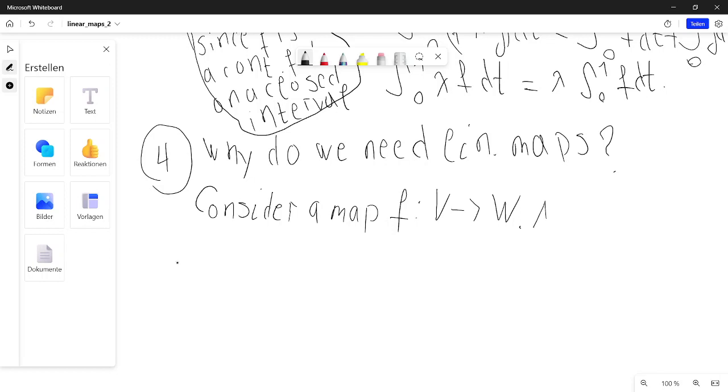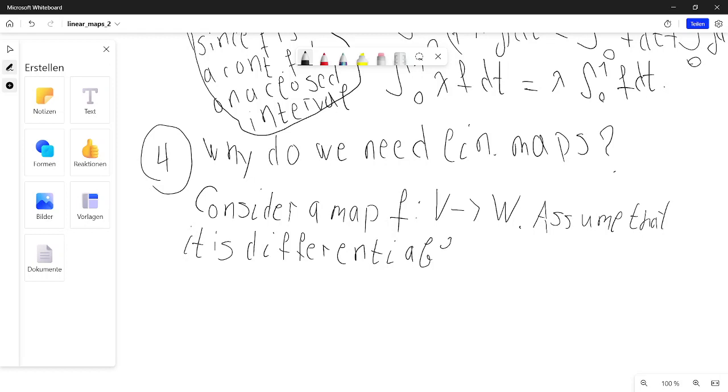Now assume that this map is differentiable. What exactly does that mean? Well, we know it in the case of functions from R to R. And the general differentiability is just a generalization of that particular differentiability, right?